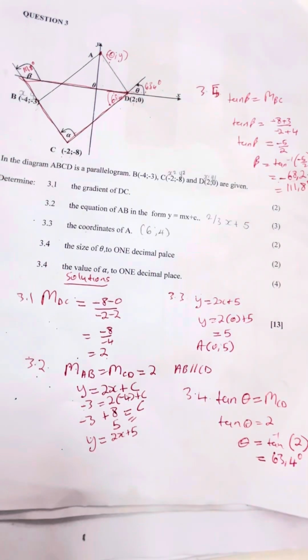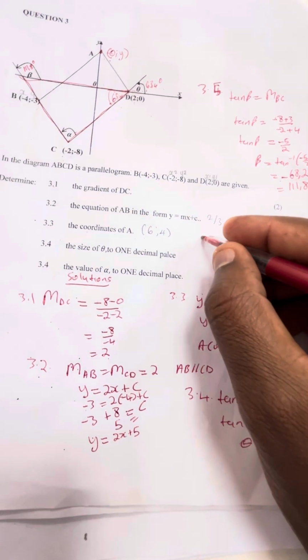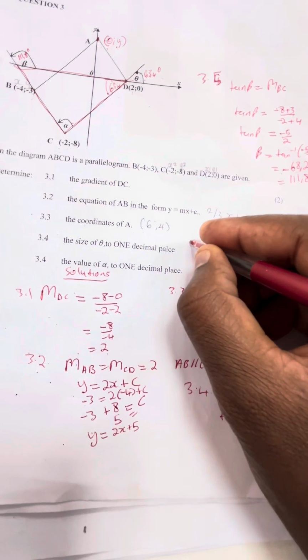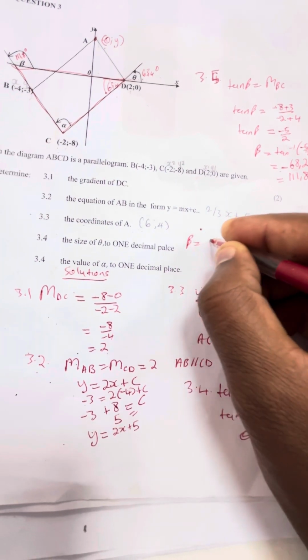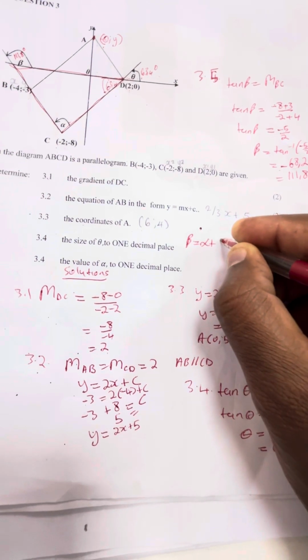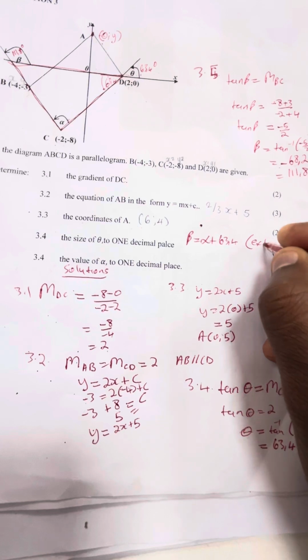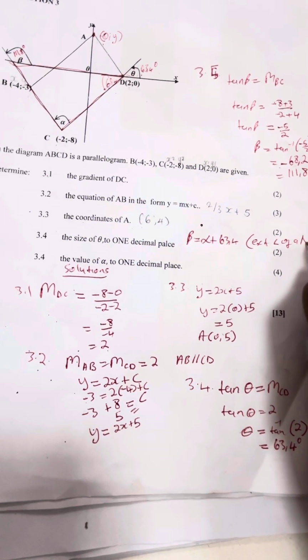It means now you are going to say for alpha, our angle beta is equal to alpha plus 63.4. Why do you say this? Exterior angle of a what? Of a triangle.